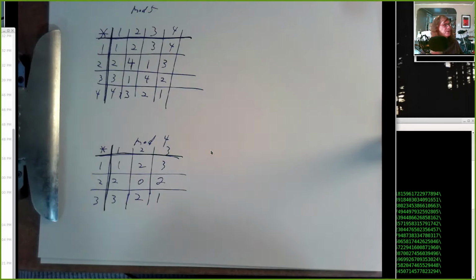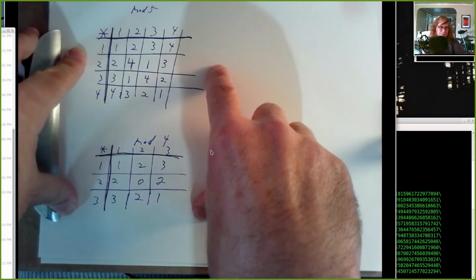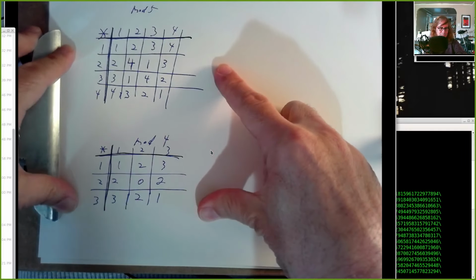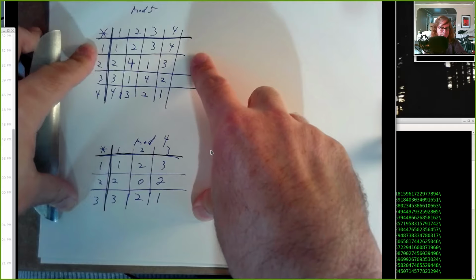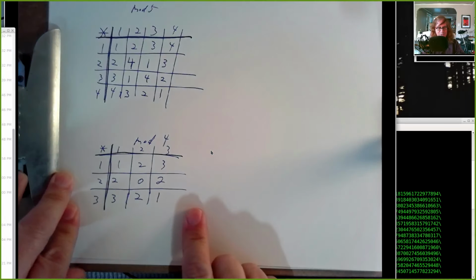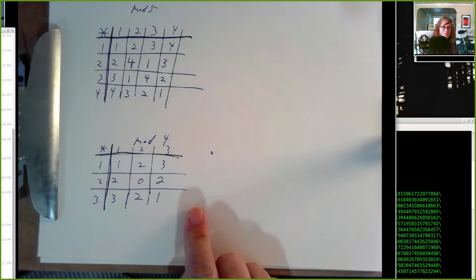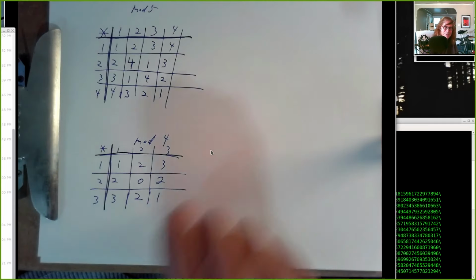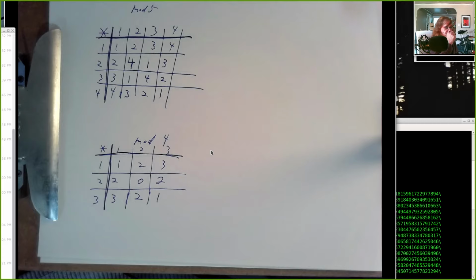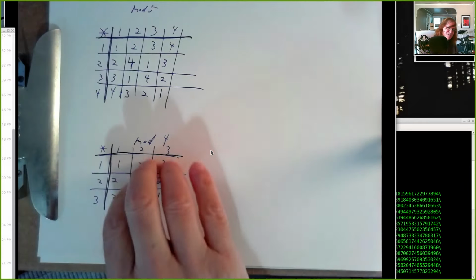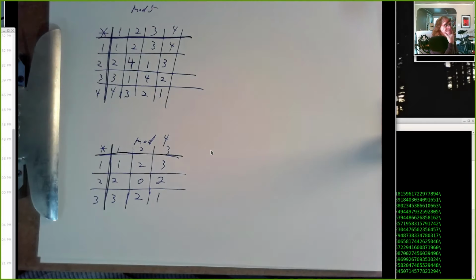Now, just comparing these two tables visually, other than the fact that this one is larger than this one, is there anything else that jumps out as being particularly different between this table and this table? Something with respect to the numbers that we find inside the table.